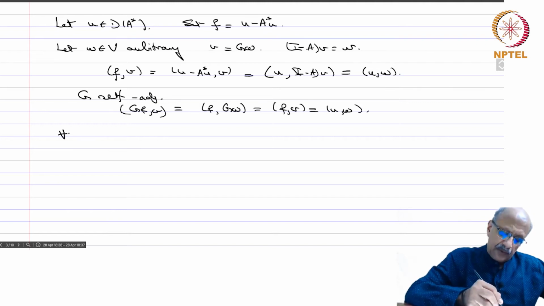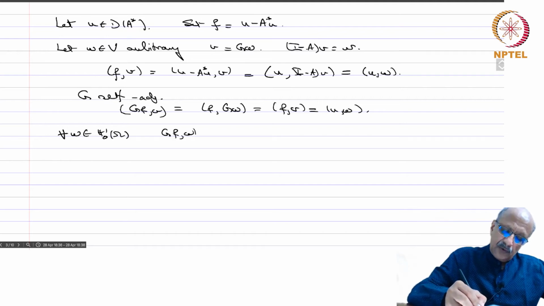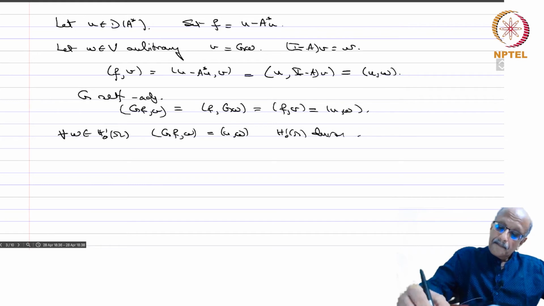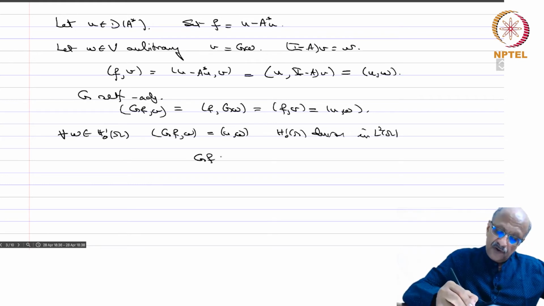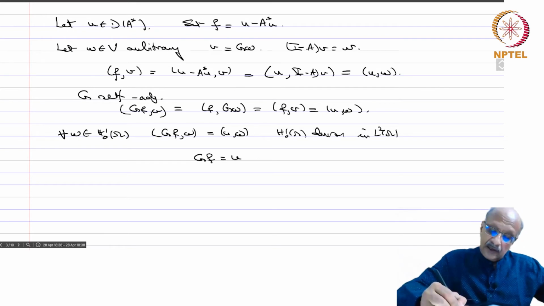So for every w in H10 of omega, you have (G f) w equals u w, and H10 of omega is dense in L2. So you have G f equal to u.